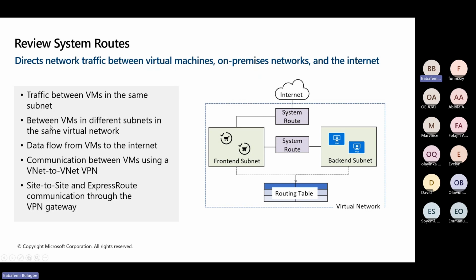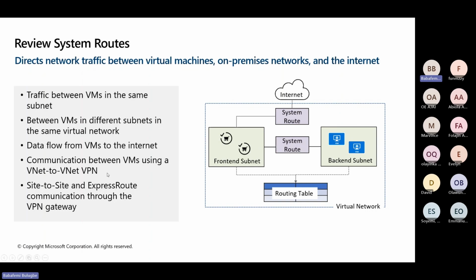If you have VMs in different subnets within the same virtual network, you don't determine where the traffic goes. That's not determined by you. The same thing, like I've just explained, traffic from one VM to the internet, in case you have a connection between the VNet and the internet where you have a public facing application deployed on that virtual network, virtual machine.